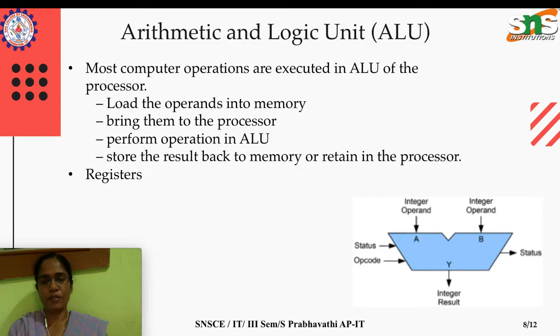If we arrange them in a hierarchical manner in terms of speed, the register comes first, followed by cache, then RAM, then secondary memory.